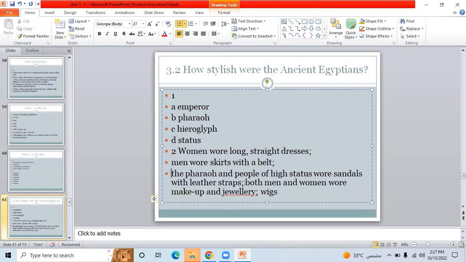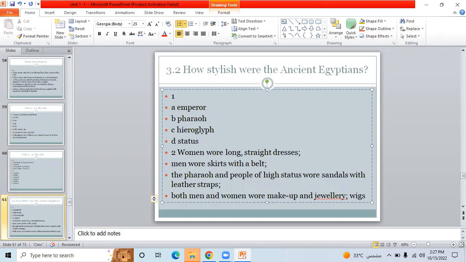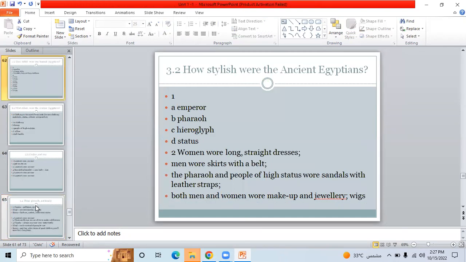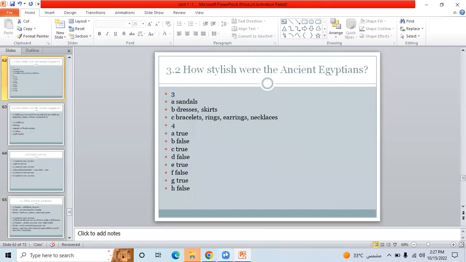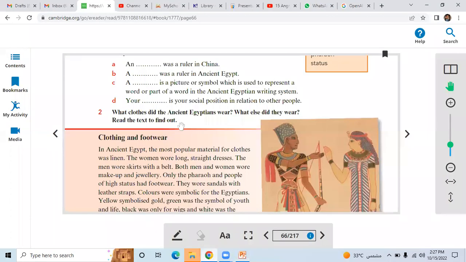Both men and women wore makeup, jewelry, and wigs. This is the answer of question number two.